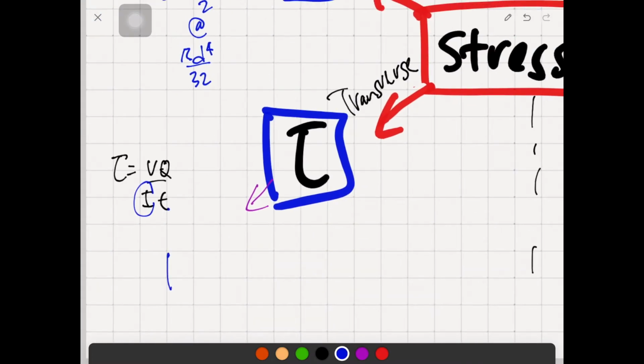So probably it is easier for me if we can see this beam right now. Again, it is a prismatic beam, and of course it has its own neutral axis over here. Tau is equivalent to VQ over IT. Q itself is the first moment of area, A prime times y bar prime.